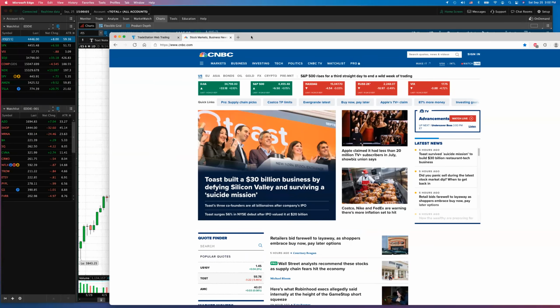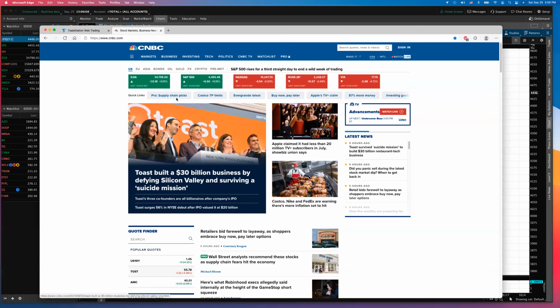On your app, just go to the CNBC app and look at these three boxes. Usually they will be green or red, and you will see the numbers moving. Actually, it's going to be in pre-market, right? So this is the Dow futures, this is the S&P futures, this is the NASDAQ futures.